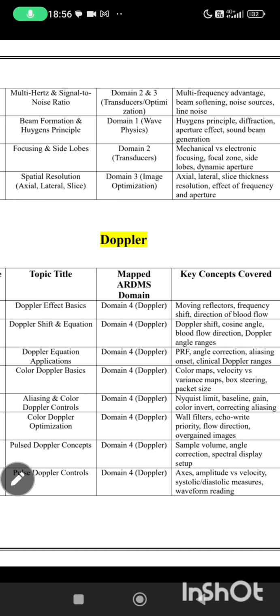In secondary controls, there is the wall filter setting. Wall filter is very important. You must know what happens if the wall filter is too low. What happens if the wall filter is very high? There are images. What happens? If the wall filter is too low in arteries, there is wall thump artifact, and you must see the picture of the wall thump artifact.